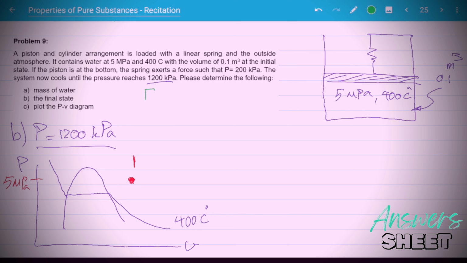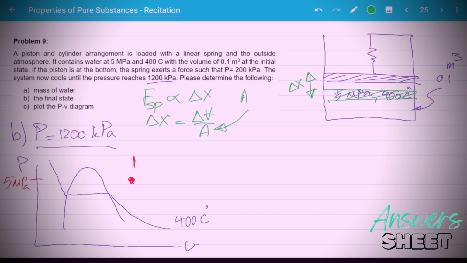Remember that the force of a spring has a linear relationship with delta x, or how much the spring has been compressed or elongated. So if the piston during the cooling down gets to this green position, then the force of the spring changes according to this delta x, right? Now that delta x is actually the change of volume of the system over the cross-section area of the piston, right?